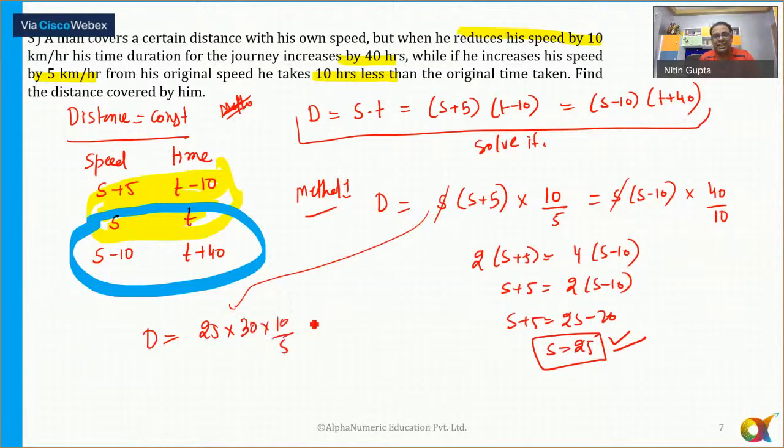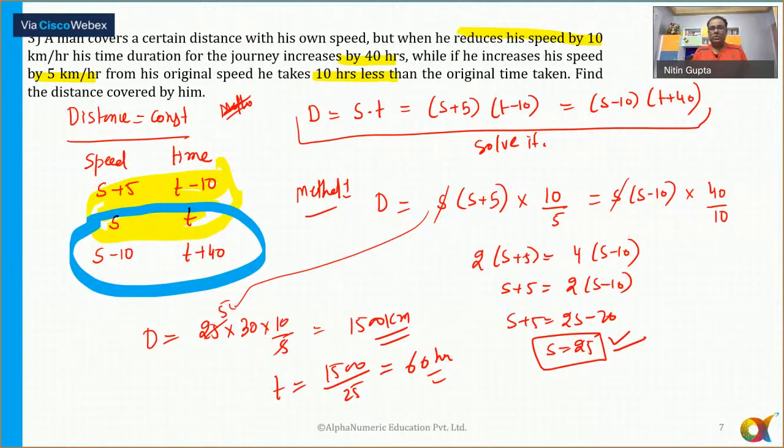Or you can put it in the second equation. 5 5s are 25, so 30 into 5 is 150, or that is 1500 kilometers. That is the distance covered by him. And what is the actual time? The actual distance is 1500 and the actual speed is 25, so 1500 upon 25 gives the answer, which is 60 hours. So we have done it here.